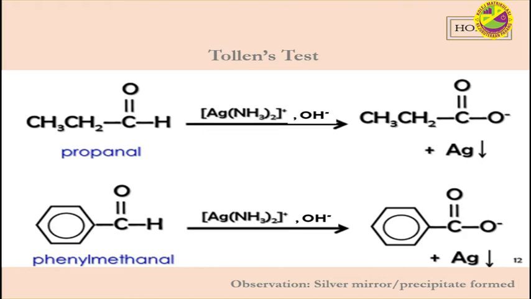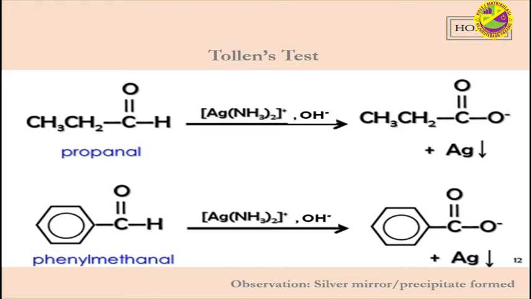If it is positive with the Tollens' test, we will write the product as C double bond O and the hydrogen is replaced with O minus plus Ag with an arrow pointing downwards.